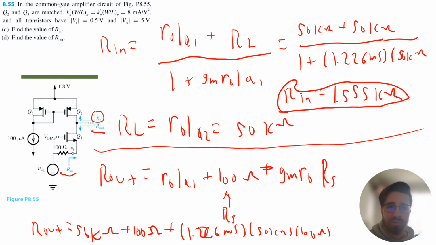And then if I run some calculations, I get 56.43 kilo ohms. So this is the resistance seen by the output.